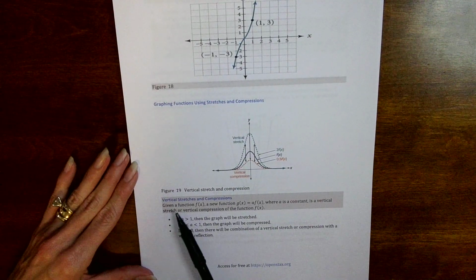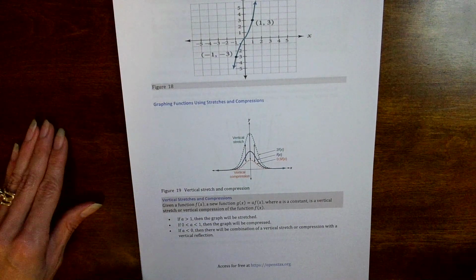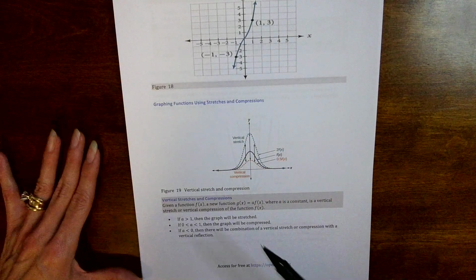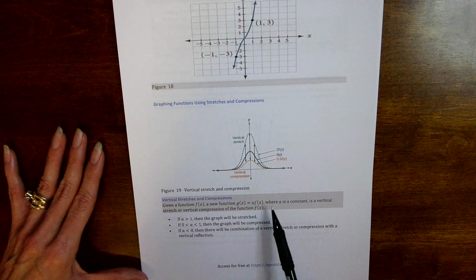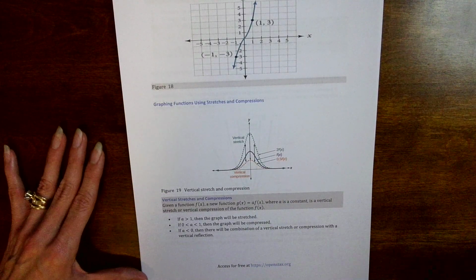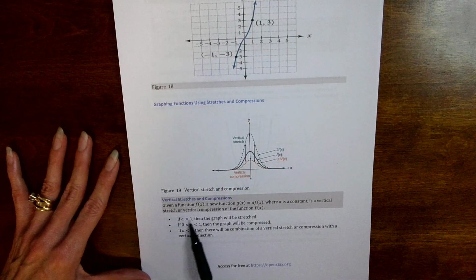So here, given a function f of x, a new function g of x equals a times f of x, where a is a constant. It's a vertical stretch or vertical compression. If a is greater than 1, you'll stretch it vertically.